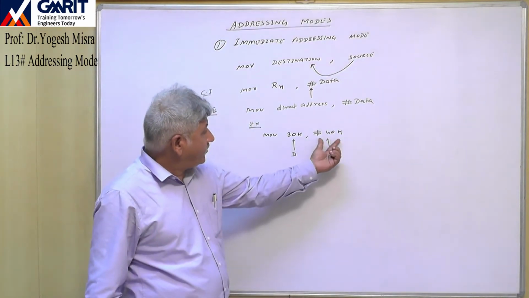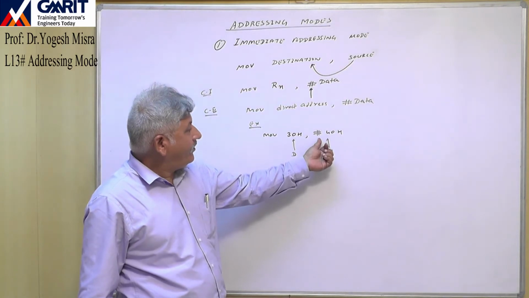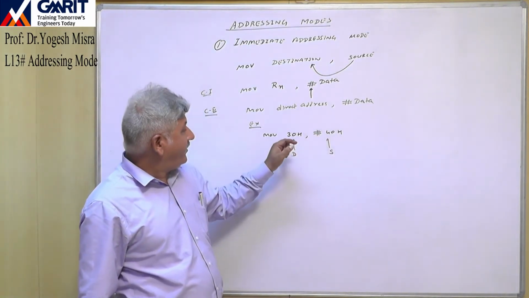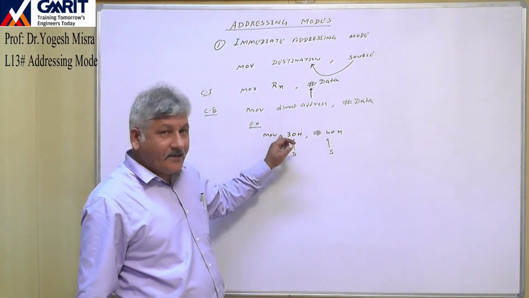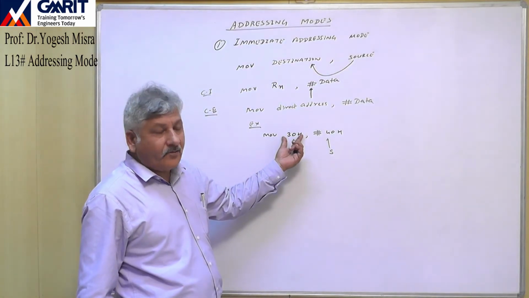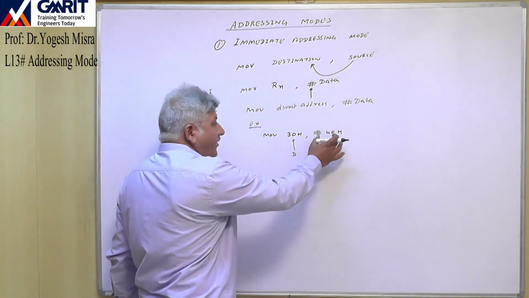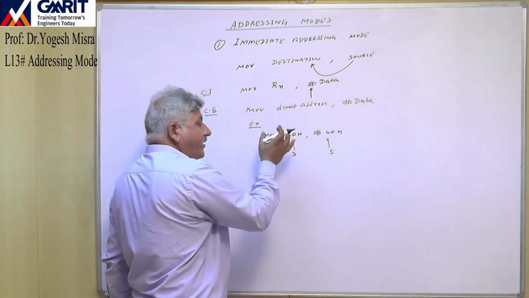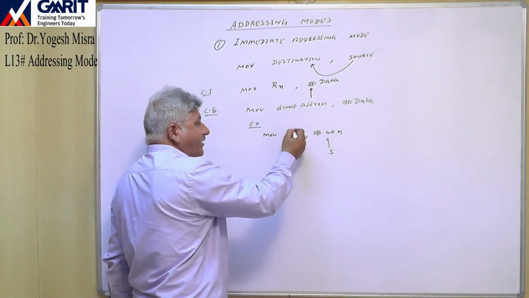Now in the source we have used the symbol hash. So this symbol indicates that this is data, and in the destination there is no hash symbol. This indicates that this is an address. So here we want to transfer an 8-bit number, 40H, into the internal RAM whose address is 30H.